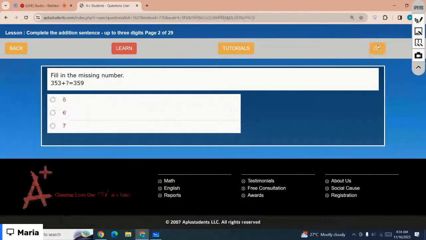Okay, the next one is 353 plus missing number equals 359. So which is the correct option? So 353 plus what number equals 359?